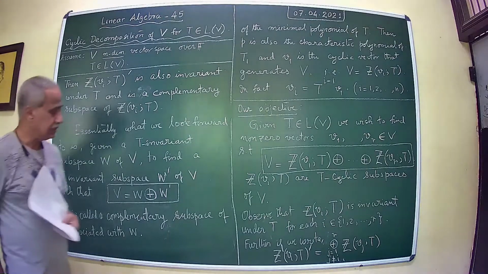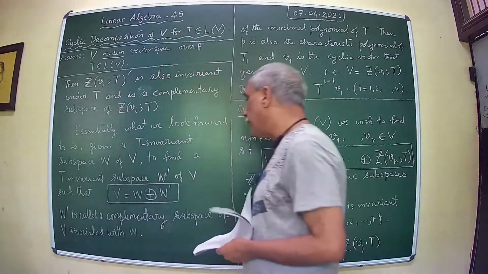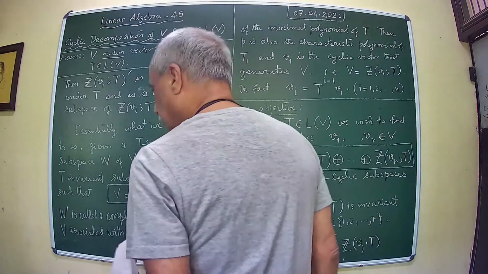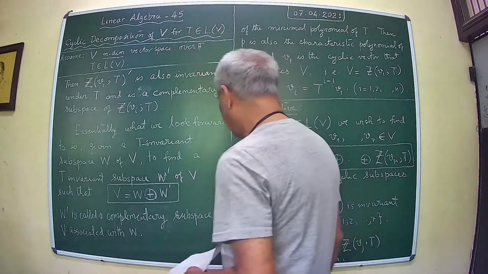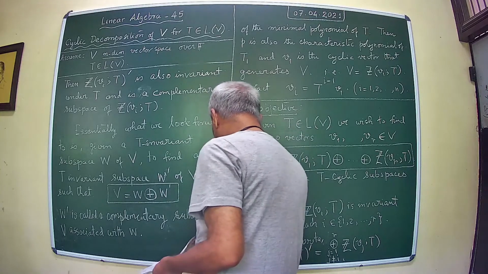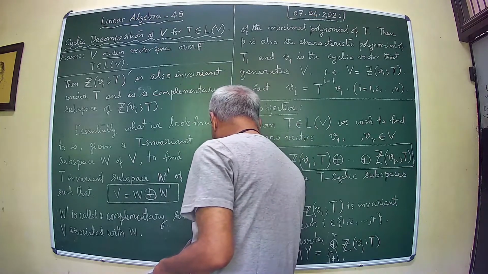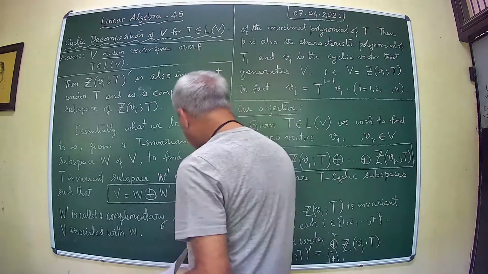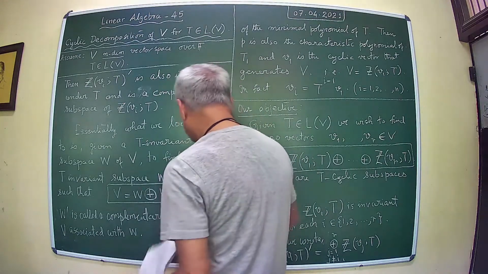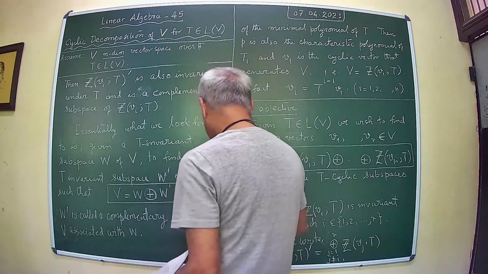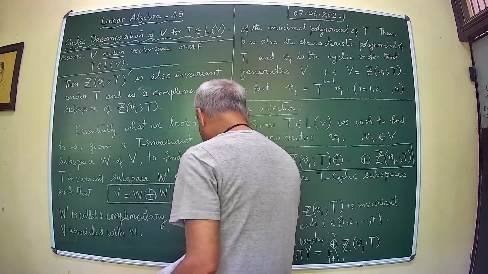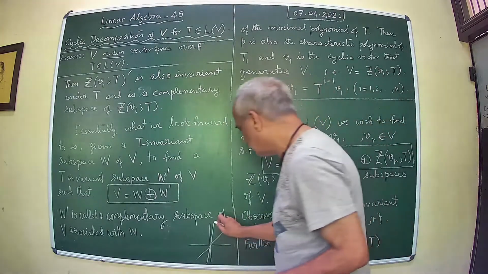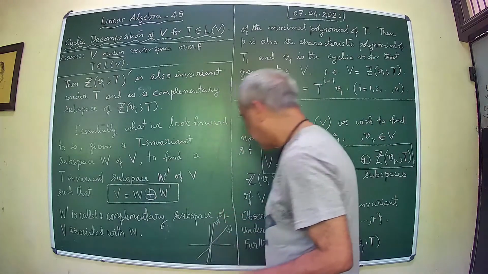Now you see that there are several complementary subspaces for W. It's not unique. For example, in R2, where W is a subspace, all lines which are not passing through the origin and are not identical with W give a complementary subspace.